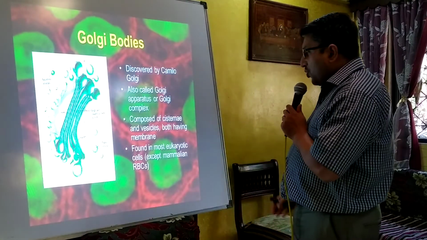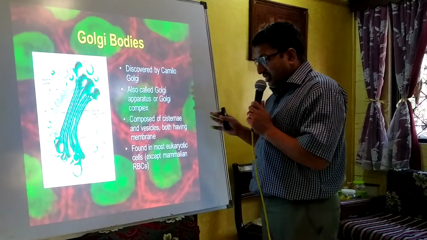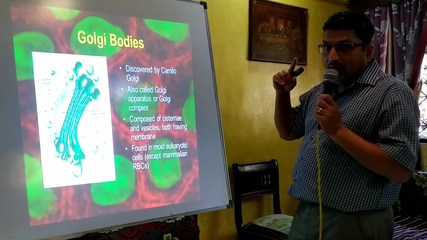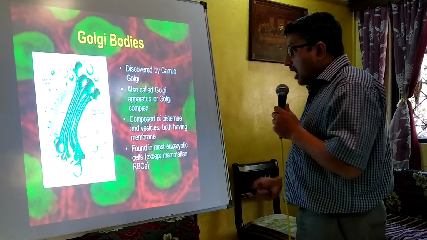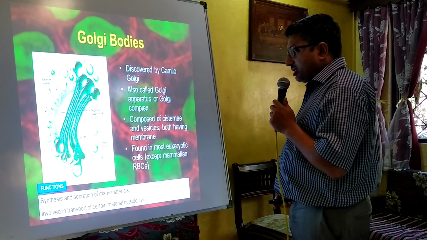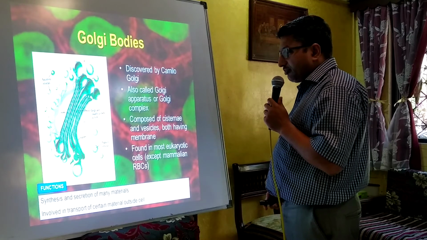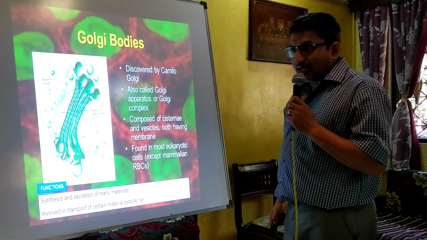It is found in eukaryotic cells, both plant as well as animal cells, except in the RBCs. Function: synthesis and secretion of many materials, and involvement in transport of certain material outside the cell.